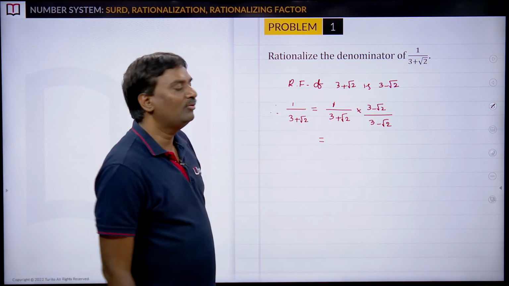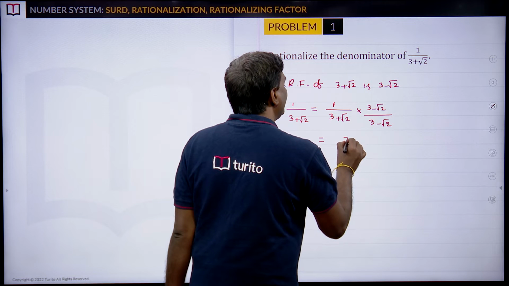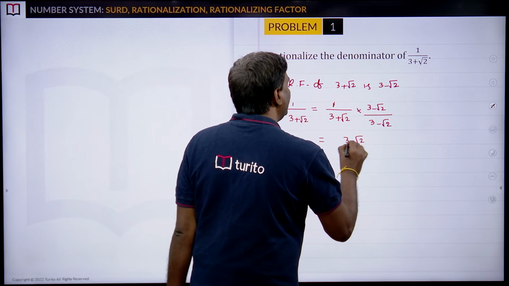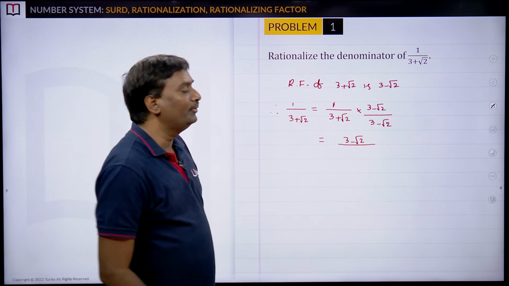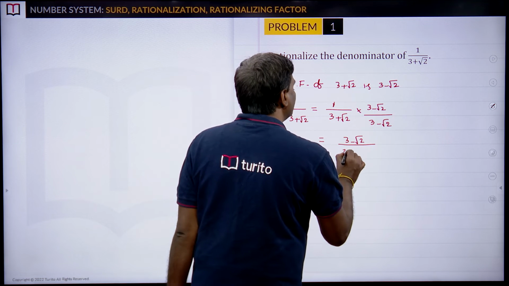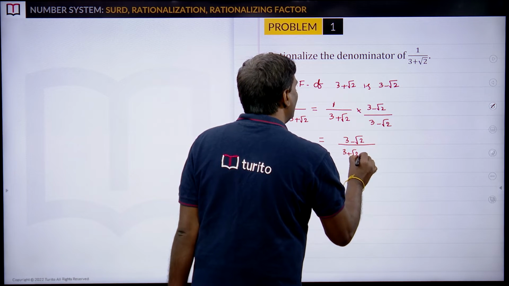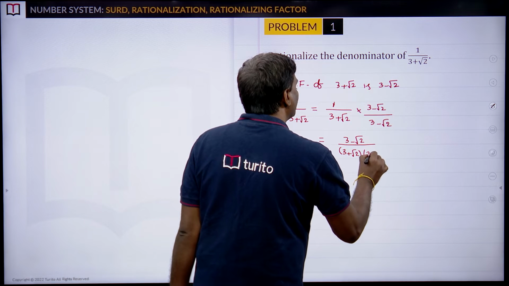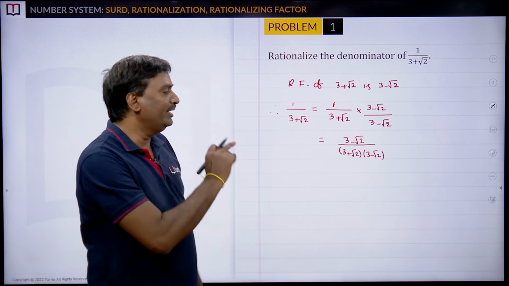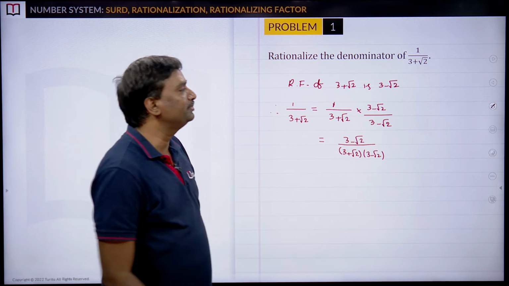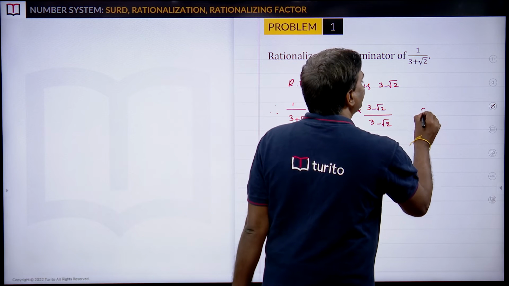Now, in the numerator, 1 into 3 minus root 2 can be written as 3 minus root 2. In the denominator we have 3 plus root 2 into 3 minus root 2. Clearly the denominator is in the form of a plus b into a minus b.